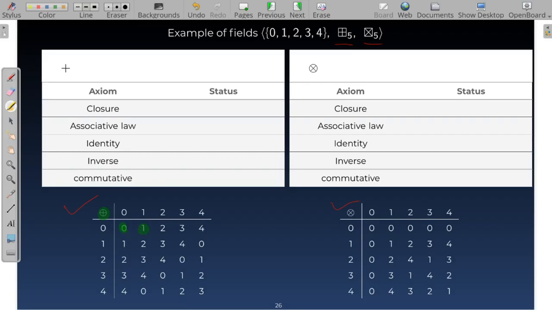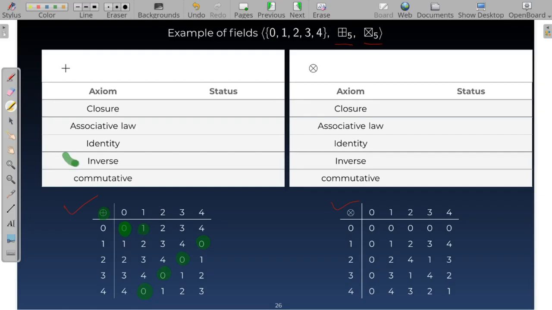So for example, in the first row you have 0 here, in the second row you have 0 here, in the third row you have 0 here, in the fourth row you have 0 here, and in the fifth row you have 0 here. What does it mean? It means that inverse exists for each and every element.